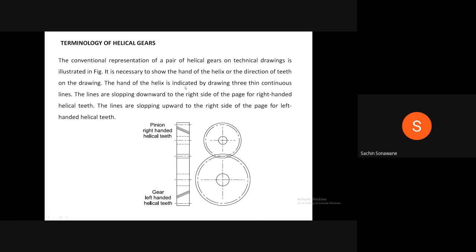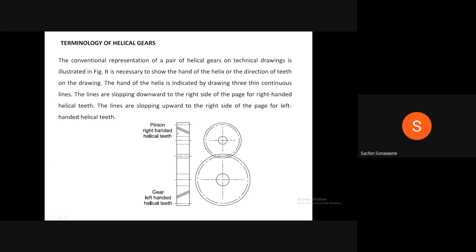The hand of the helix is indicated by drawing three thin continuous lines. The lines slope downward to the right side of the page for right-handed helical teeth, and slope upward to the right-hand side of the page for left-handed teeth.